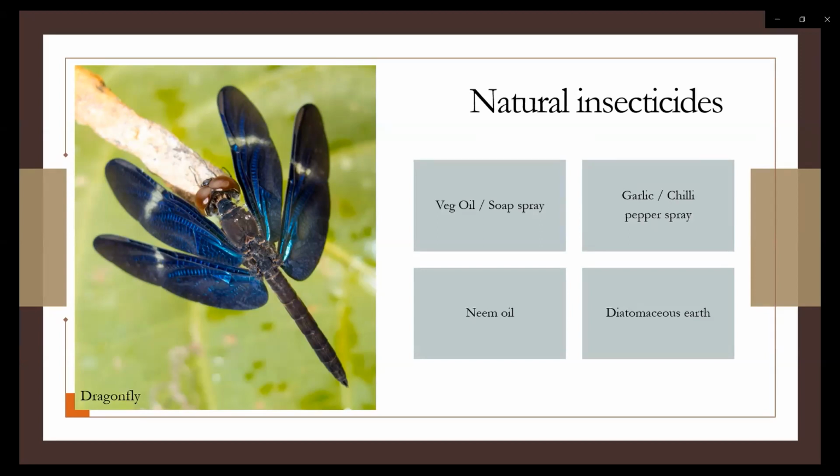If you add in liquid soap such as liquid Castile soap or Dawn dishwashing soap, that also helps to control things like aphids. Garlic and chili pepper spray have also been found to be very effective, as has neem oil, and diatomaceous earth is also a product which is natural and can be used to help to control bugs, ants and so on.